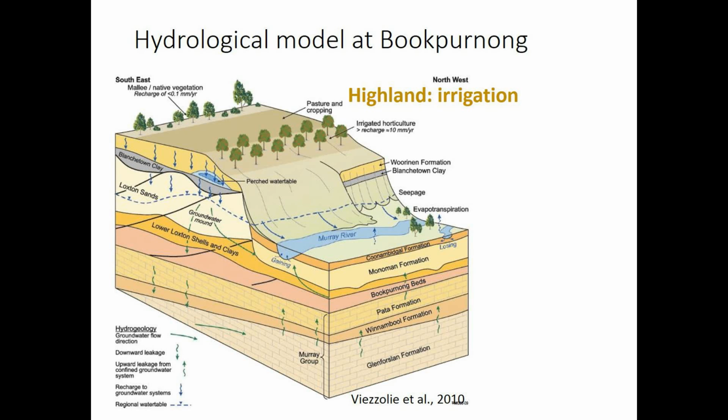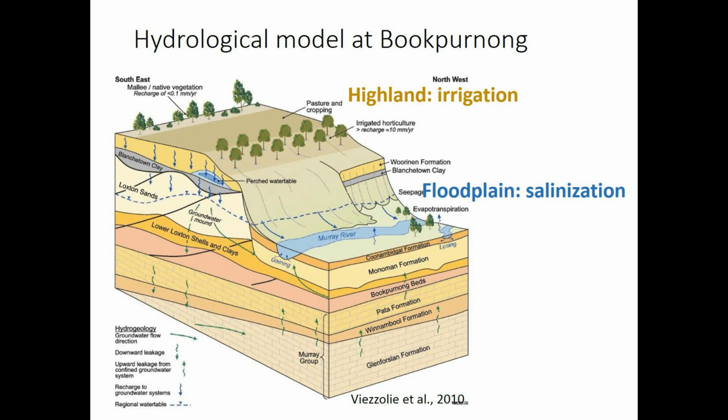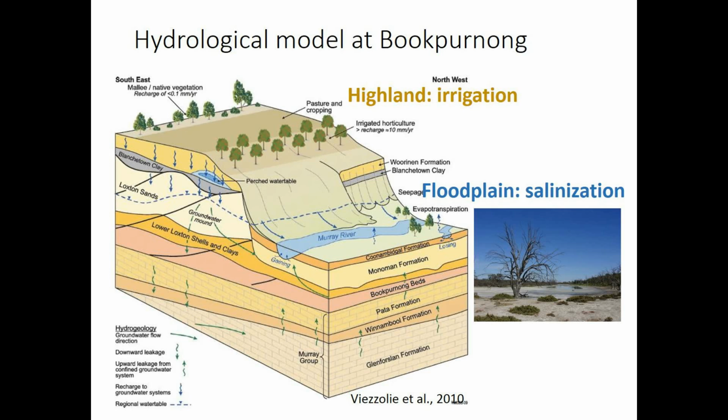So there's going to be a lot of water flow from highland to the floodplain, bringing some naturally occurring brine from deep reservoir to the river and causing the floodplain to become more salinized. The problem is vegetation is dying, so this is a big concern for local government. So this is a big picture motivation here.